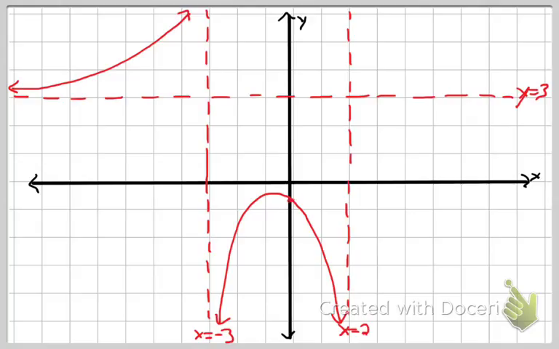So therefore, we know it's going to cross our horizontal asymptote. Now, if we want to find the exact value where it crossed, we would set our whole function equal to 3, since 3 is our horizontal asymptote. And when you do set it equal to 3, you're going to get that your x is equal to 7.33.